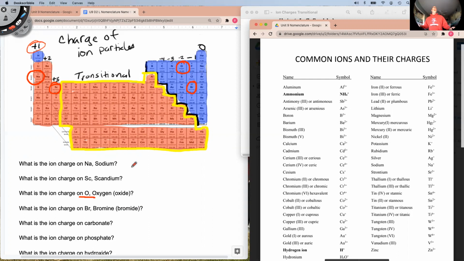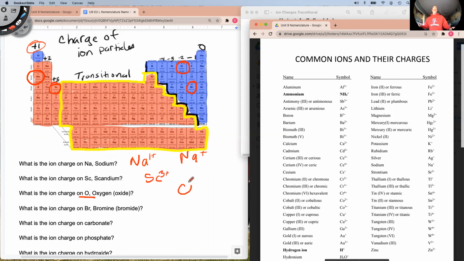So let's show how we'd write that. We would write that as Na with a 1+ charge, or you could just write Na+. Scandium would be written as Sc, and then up here in the upper right-hand corner, which is where we put charges, there would be a 3+ charge.